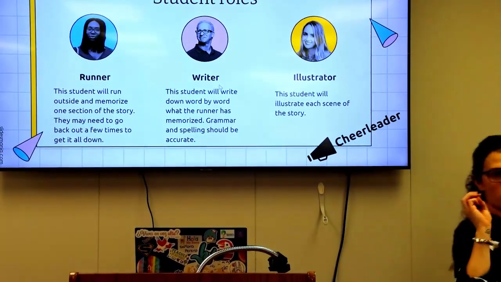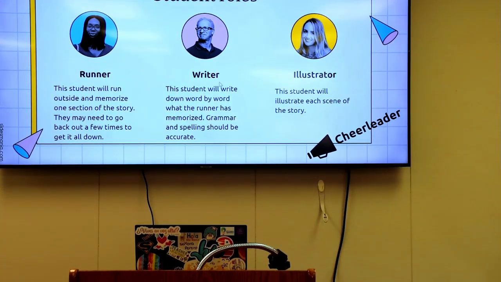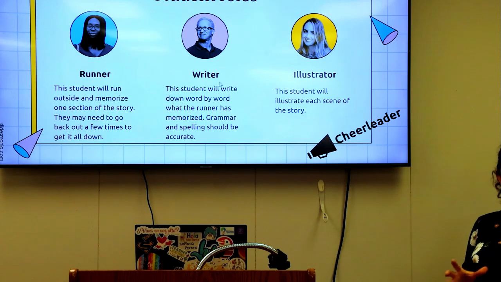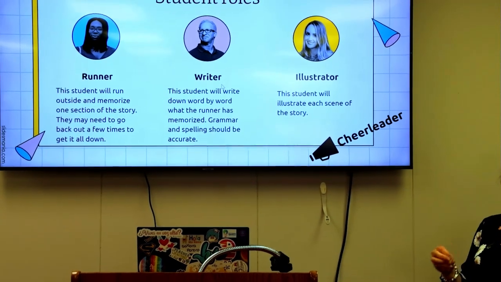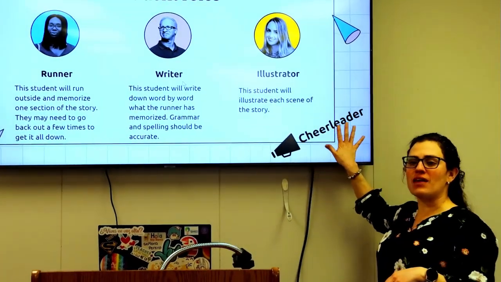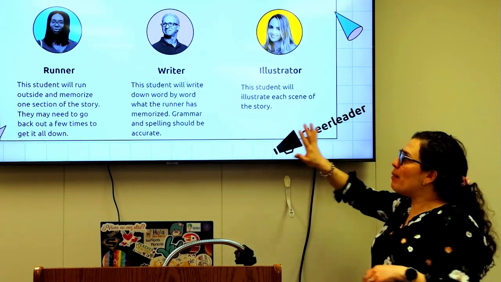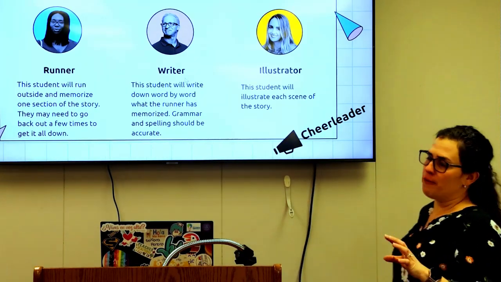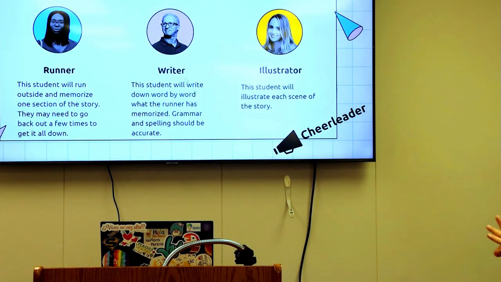So there are three people per group. I let the weaker groups have 4 people, because they will need a little bit more support. If you have a 4th person in a group, that will be your cheerleader, but normally groups of 3. There will be 3 roles.